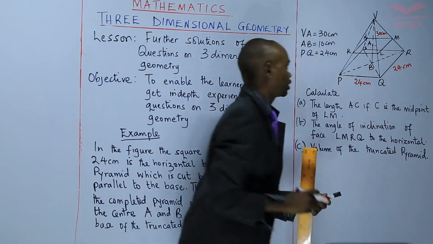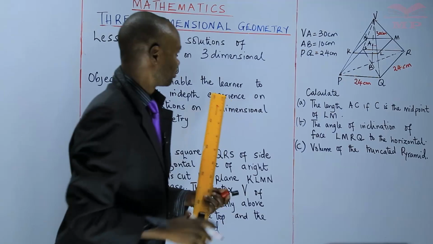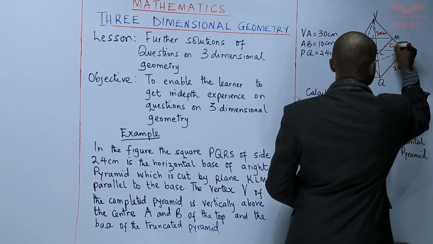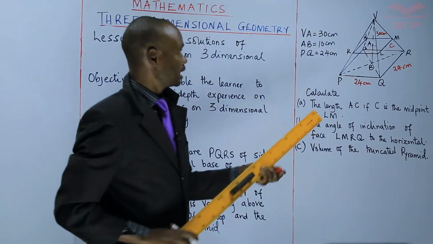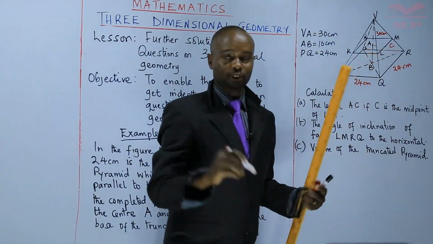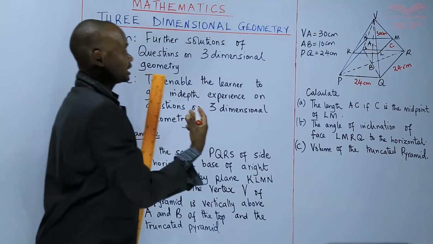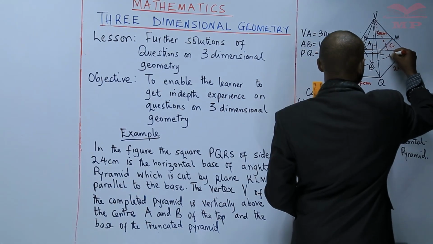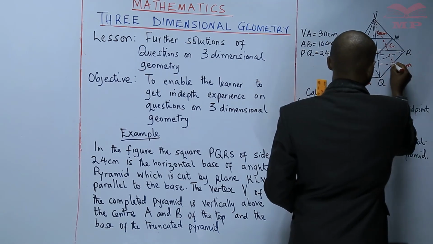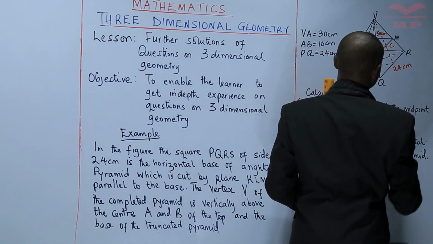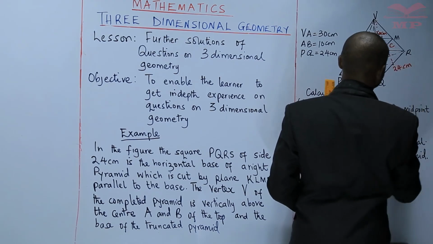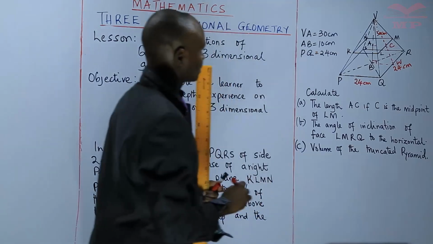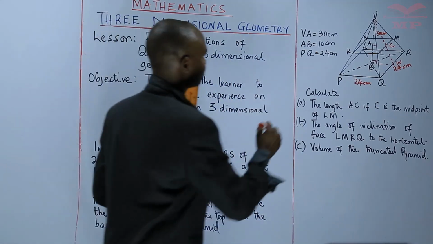Calculate the length of AC if C is the midpoint of LM. So you need to get the right triangle for your solution. So I'll need to get out this triangle. So this is a square. I can give this a point like W for me to solve it correctly.